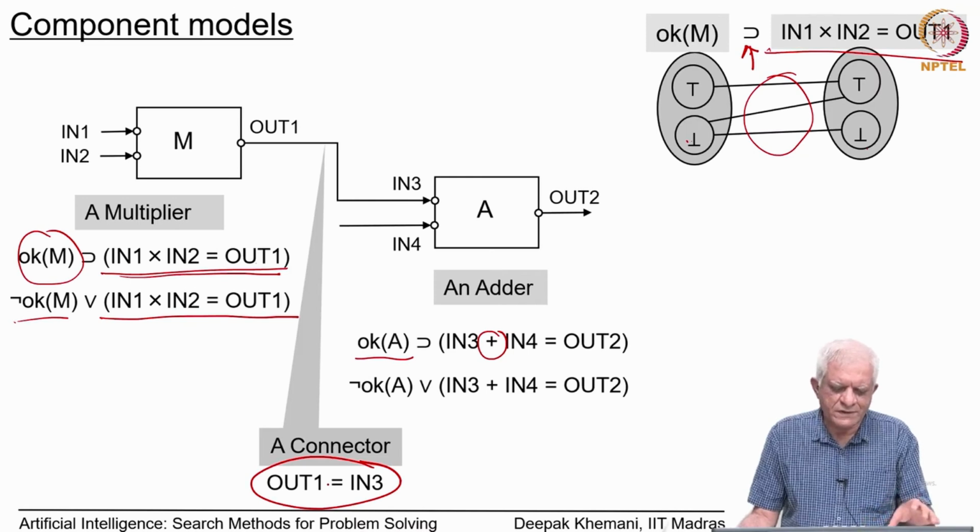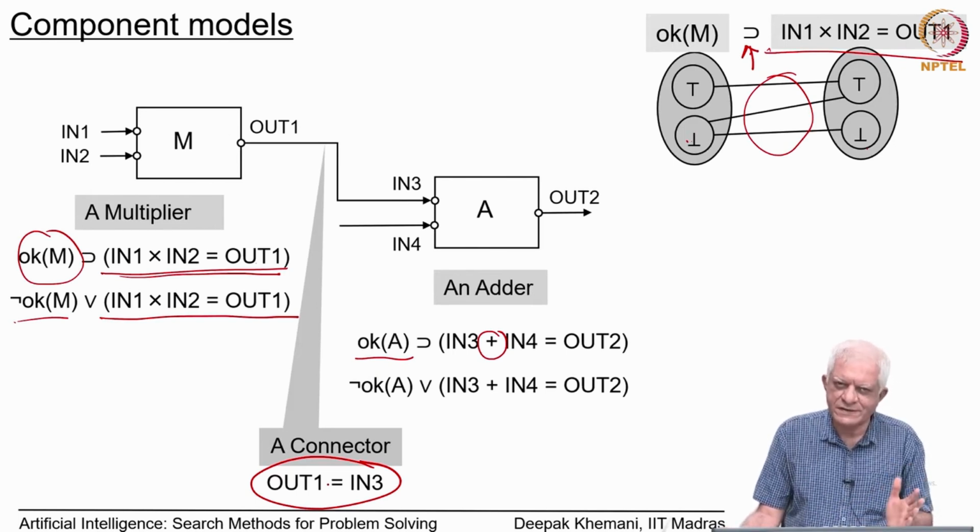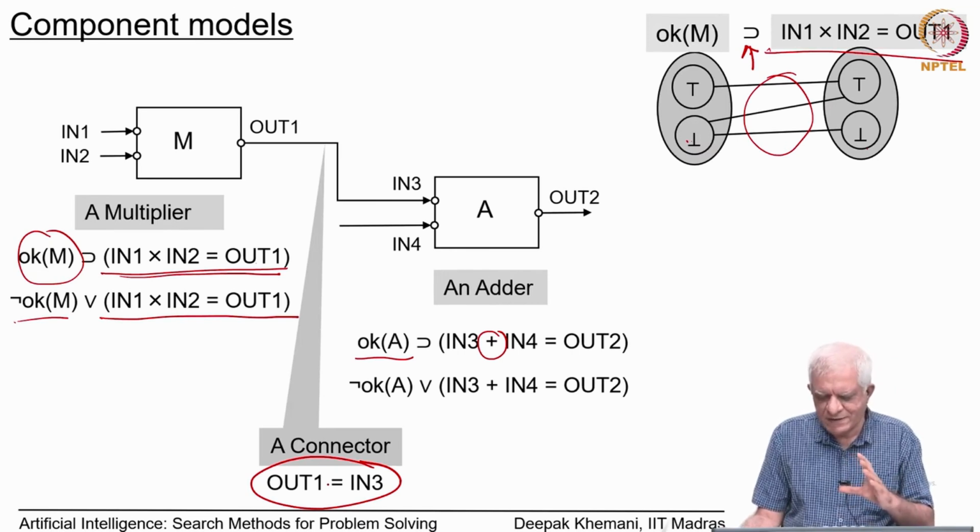We have a model for a multiplier, we have a model for an adder, and then we can put together adders and multipliers to create some interesting devices, defined by the structure. The structure is given by connectors essentially, and our simplistic assumption is that only components can go wrong. So, we can't say that this wire is broken or something like that. No, that is not part of our definition of the problem.